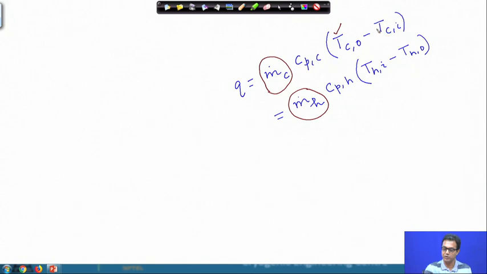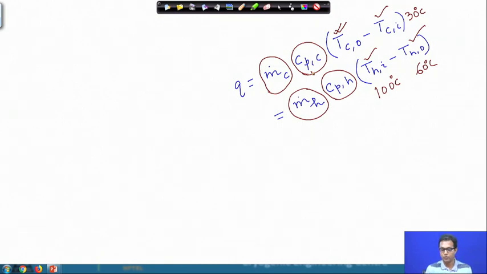I am sorry, TC in is known, TC out is to be found out, and T hot in is known, T hot out is expected to be 60 degree centigrade. So, T hot out is 60 degree, T hot in is 100 degree centigrade, TC in is 30 degree centigrade. What we do not know is TC out, the cold exit temperature, and the property values of the hot and cold fluid are supposed to be known to us.